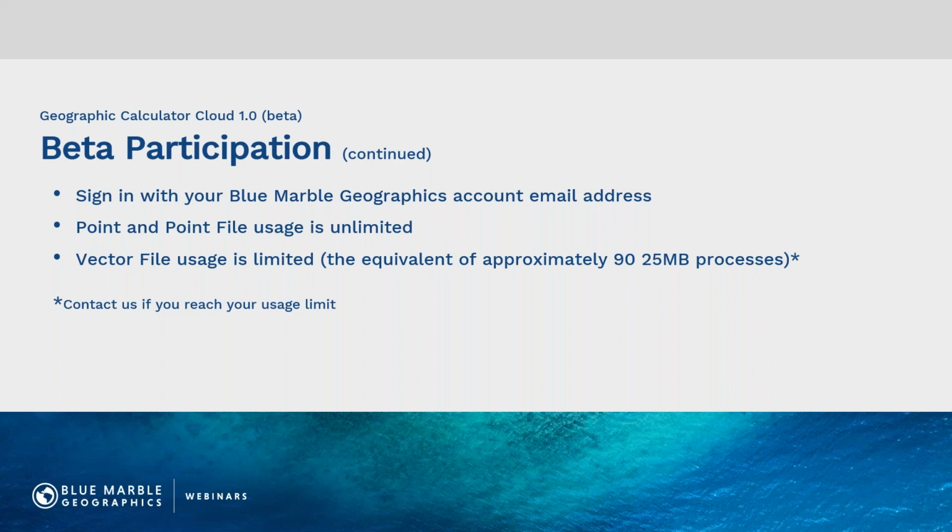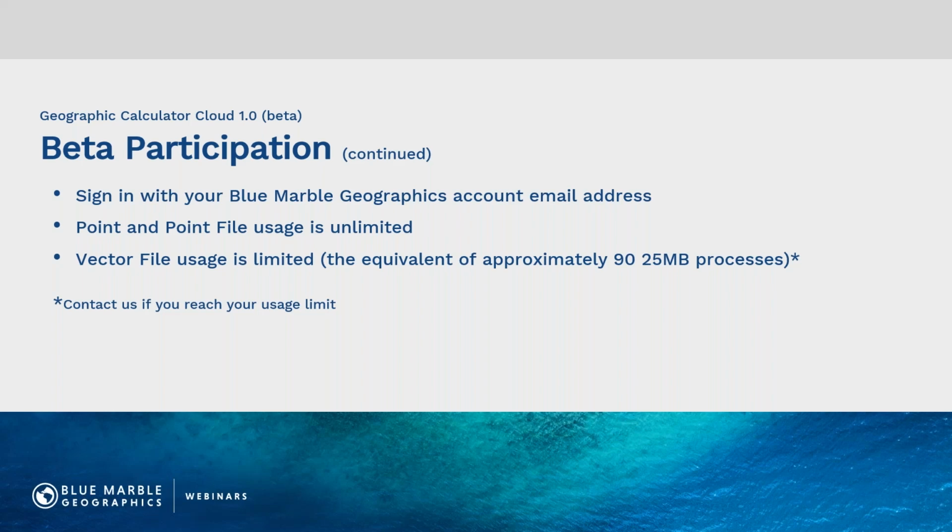Or are people processing very large vector files? So we're at too early of a stage to really address exact pricing, but this beta period is going to really help us hone in on, based on how it's actually used, what the pricing structure would end up looking like.